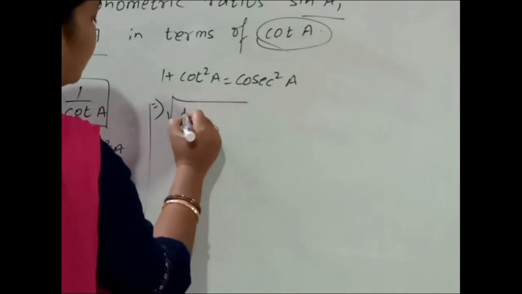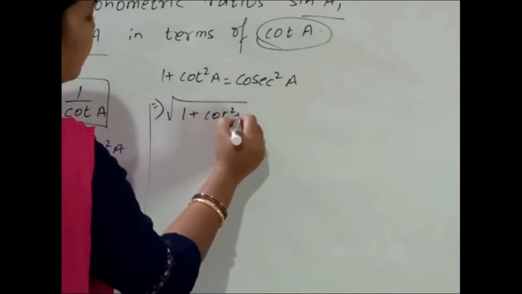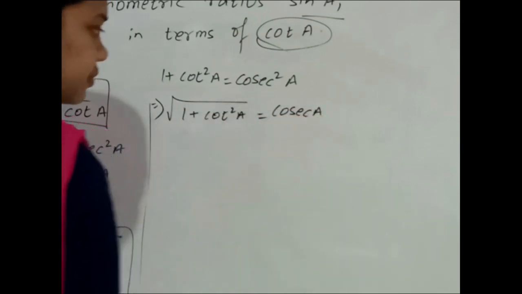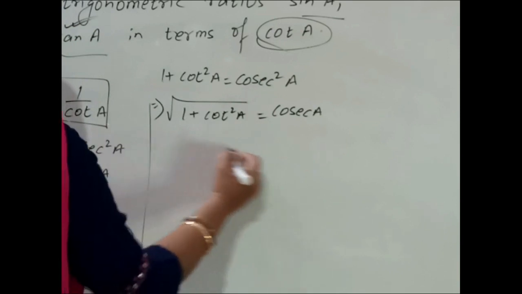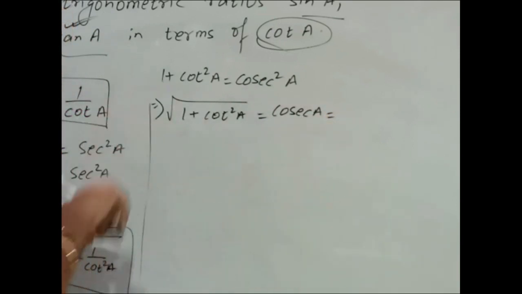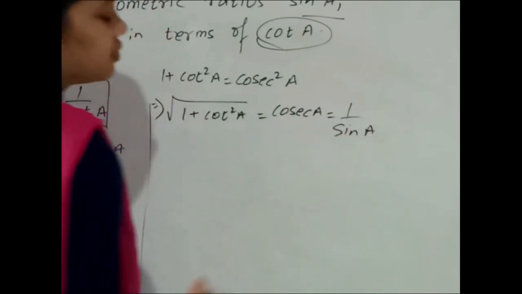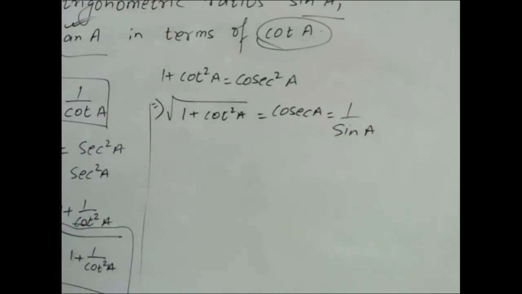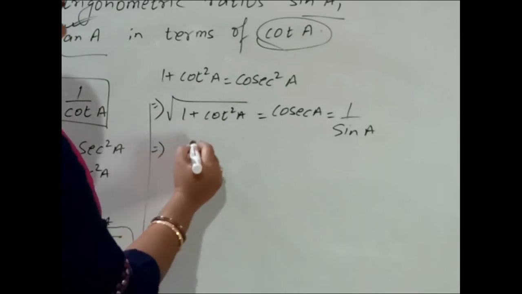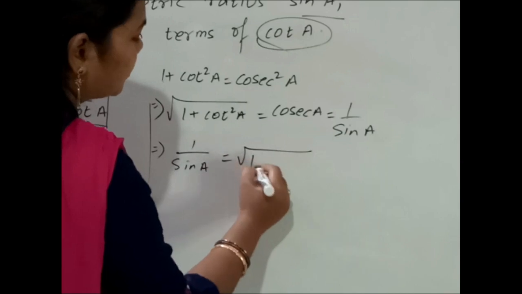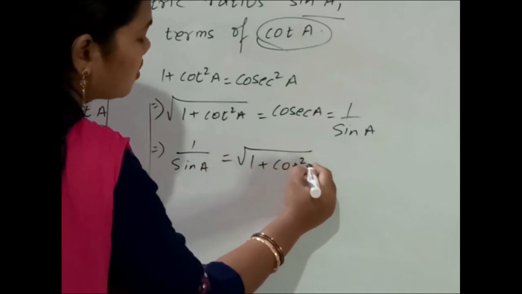So whole square root of 1 plus cot square A equal to cosec A. Next, cosec A and sin A are reciprocal of each other. In place of cosec A I can write 1 by sin A. 1 by sin A is equal to whole square root of 1 plus cot square A.